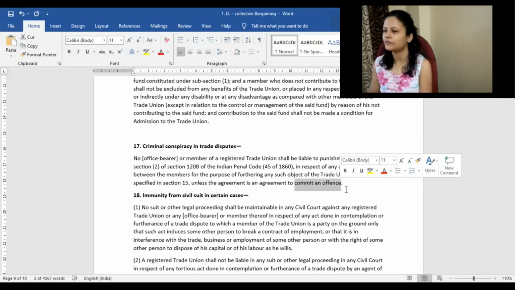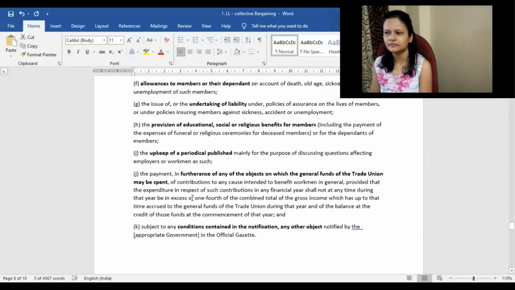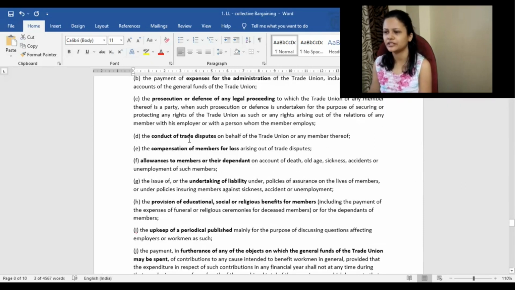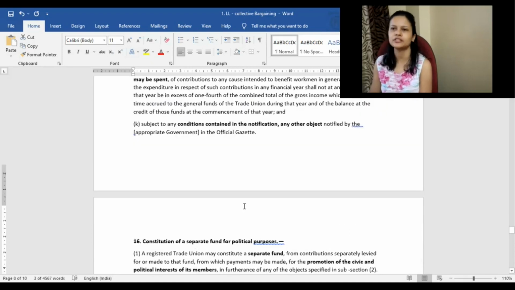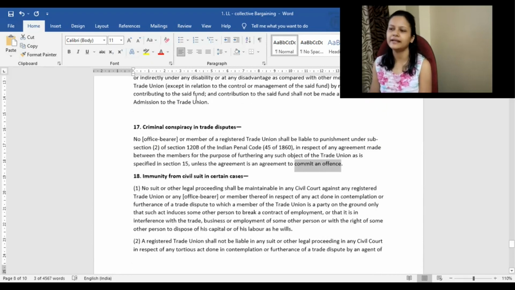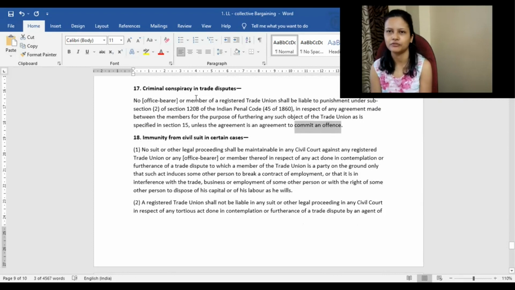Otherwise, for general purposes, whatever we have studied here, for educational, religious purposes, for raising a dispute, for going on a strike and all of those, they cannot be held liable for the offense of criminal conspiracy. So it is giving them immunity from criminal charges that may be imposed against them.